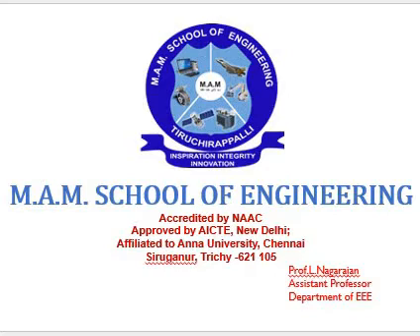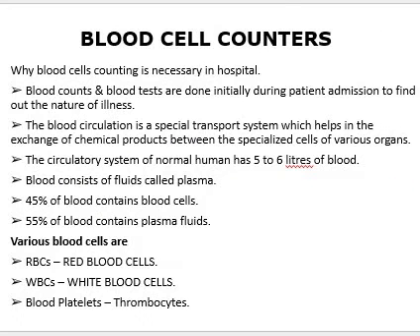So today we are going to see about the blood cell counters. First of all, we should know what the compositions of the blood are, because here it is given only as blood cell counters.